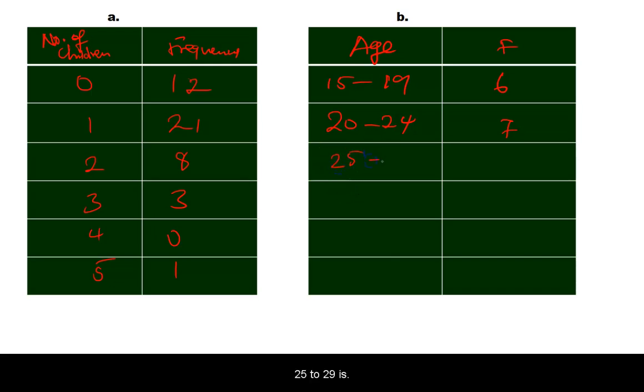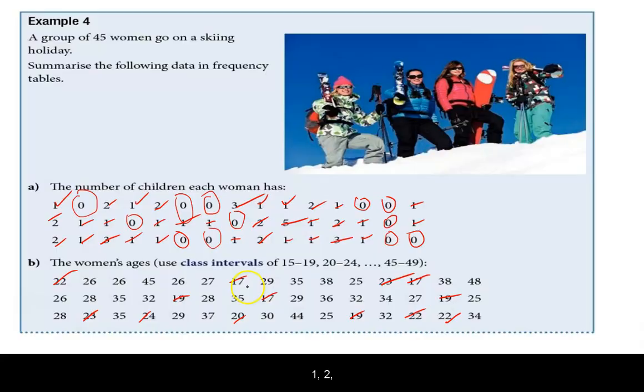25 to 29 is, we check again, 25 to 29: 1, 2, 3, 4, 5, 6. 24.